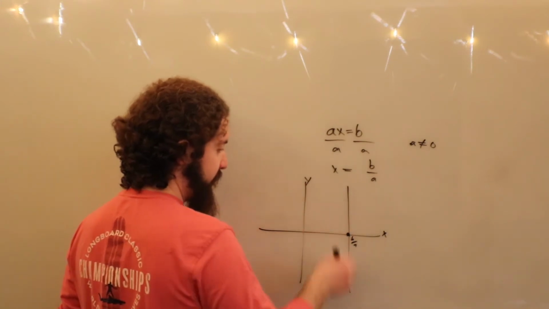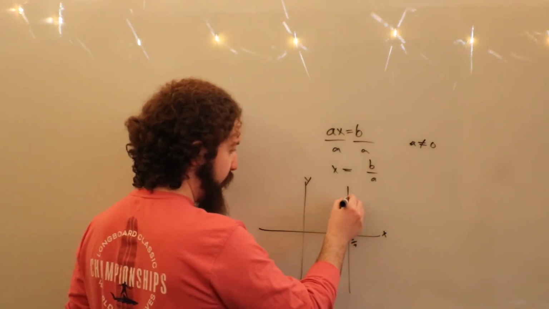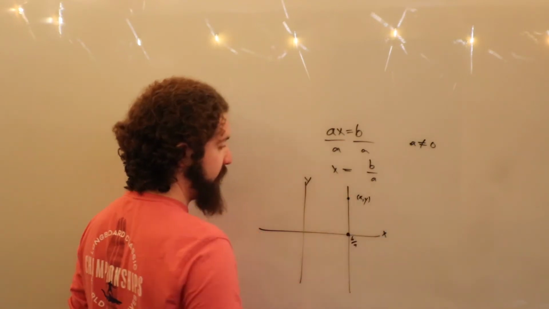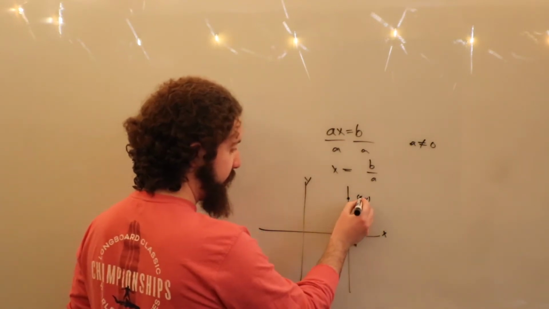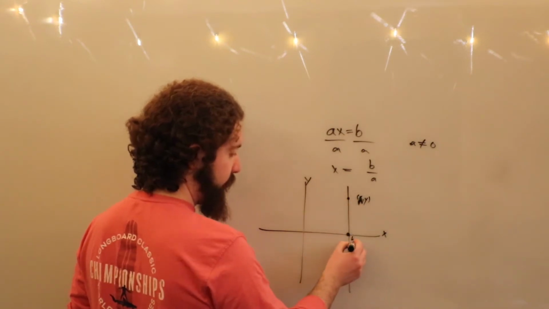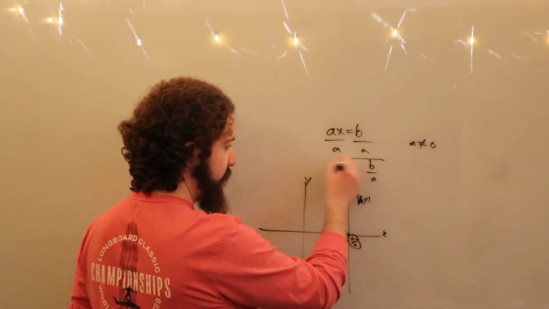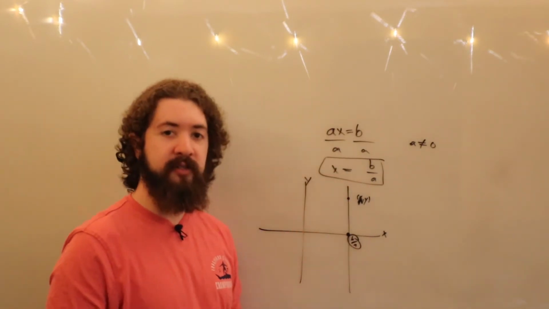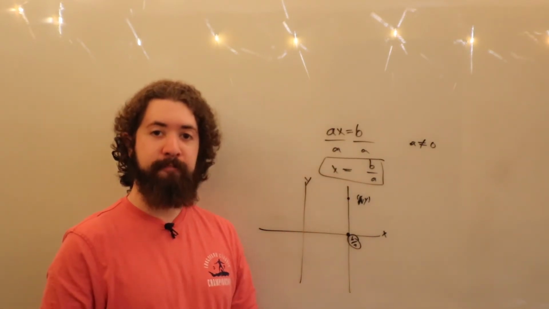And this locus consists of all the points whose x, y coordinate pairs satisfy that the x coordinate is equal to b/a. In other words, x = b/a. This is exactly what that says. So this is our simplest example of a linear equation.